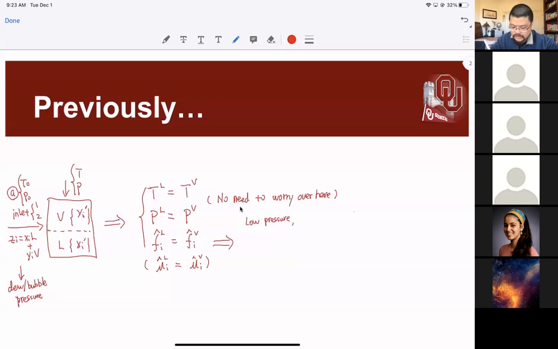If this is low pressure and we have an ideal solution, that means we are going to use Raoult's law for both vapor and liquid, right?